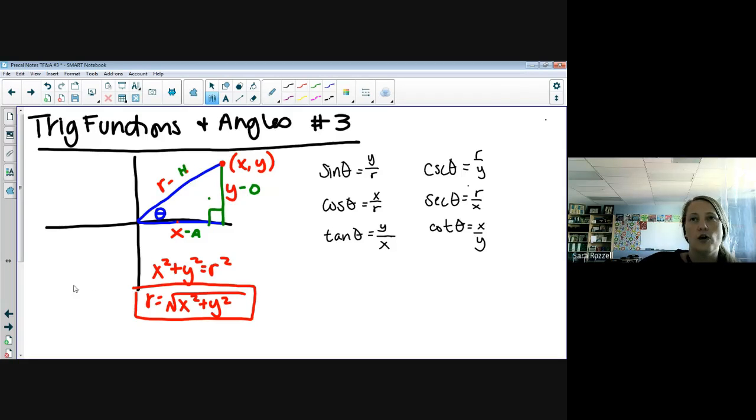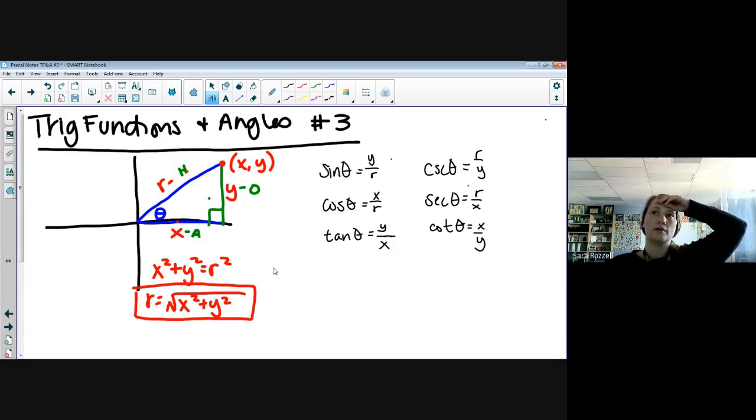If I go in the third quadrant, x and y are both negative, so anywhere there's an x or y would be a negative number. So that's going to change the sign value, like SIGN, of the trig functions. In the fourth quadrant, you've got a positive x and a negative y, so that's going to do that as well.